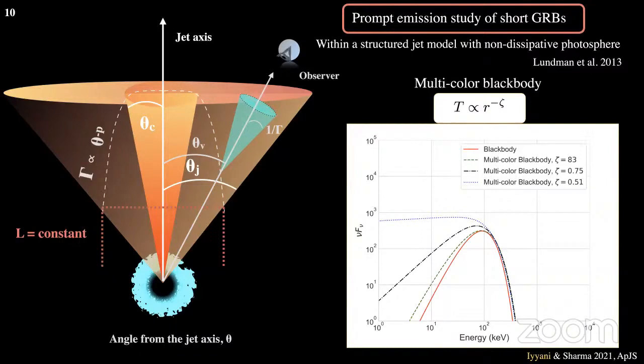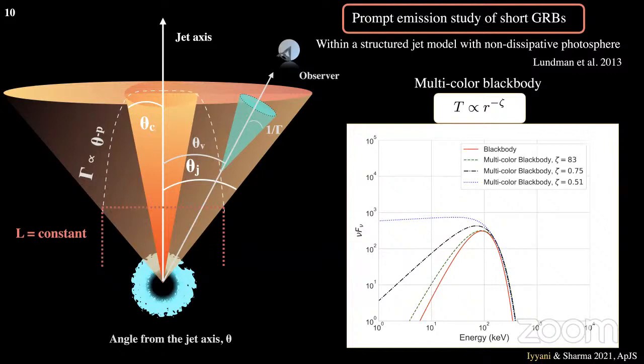So we basically used an empirical, more phenomenological function of a multicolor black body, which has a temperature profile dependence of T proportional to R to the power minus zeta. If zeta is very hard, that means you are closer to a black body.